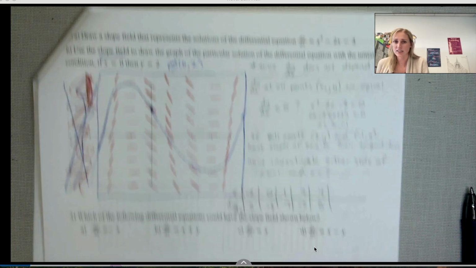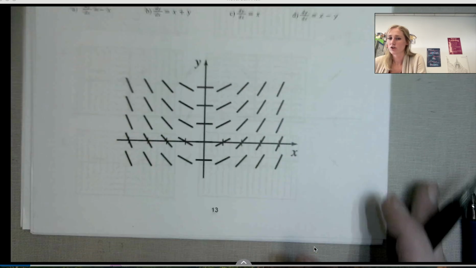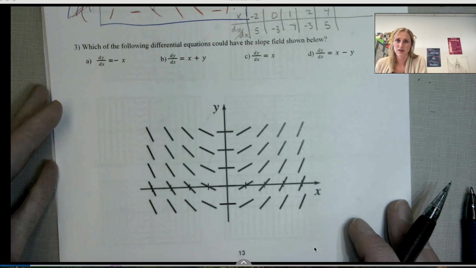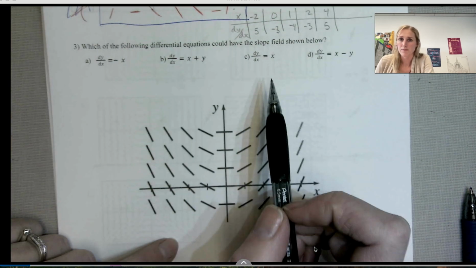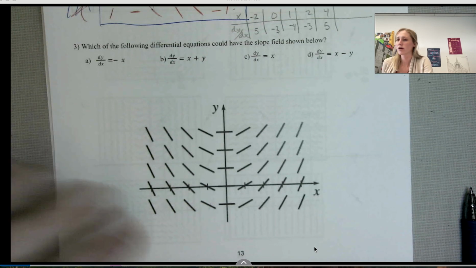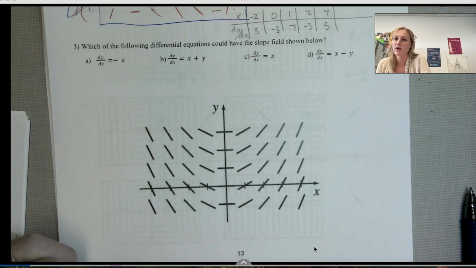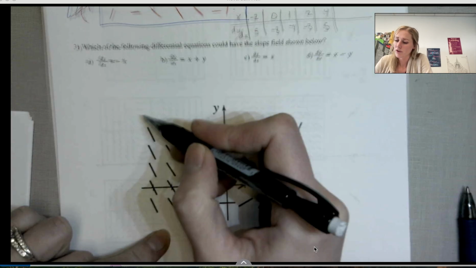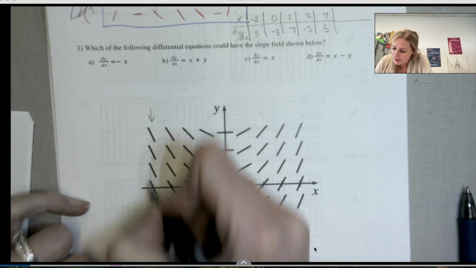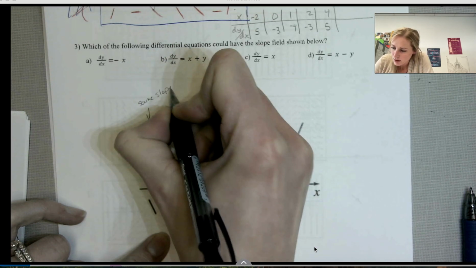Okay, last question. Which of these could be the differential equation that has this slope field? One thing I want you to look for is patterns. Look vertically, look horizontally, look for anywhere it is 0, look for anywhere it's undefined. What I notice is that vertically, the lines in this vertical line all have the same slope.